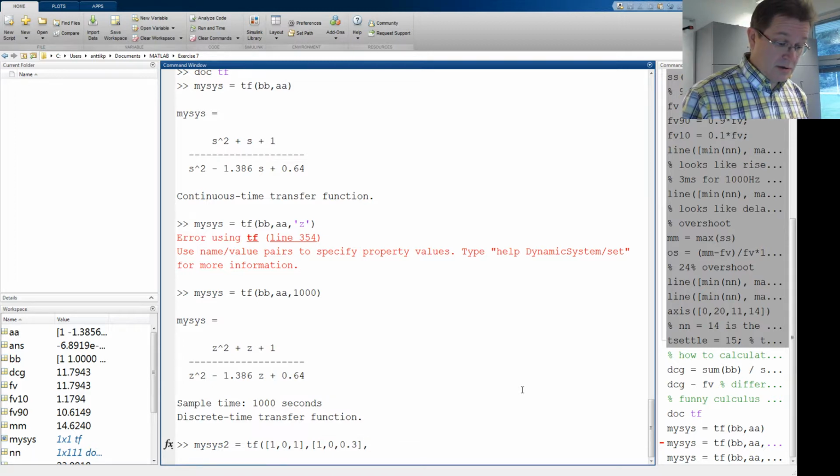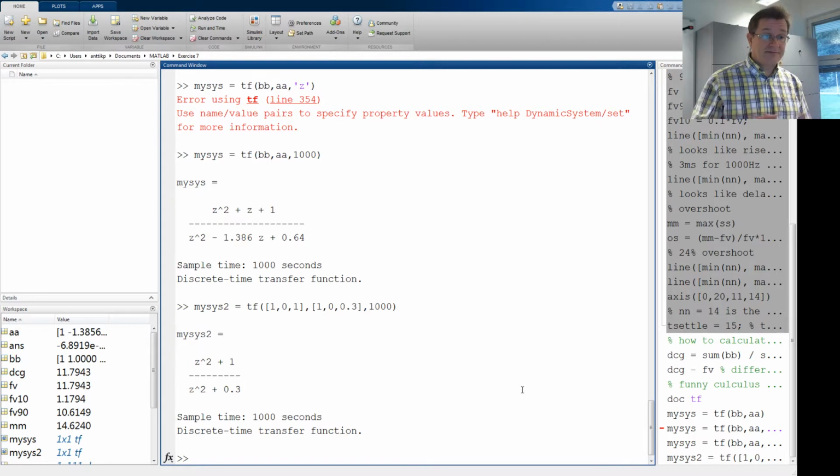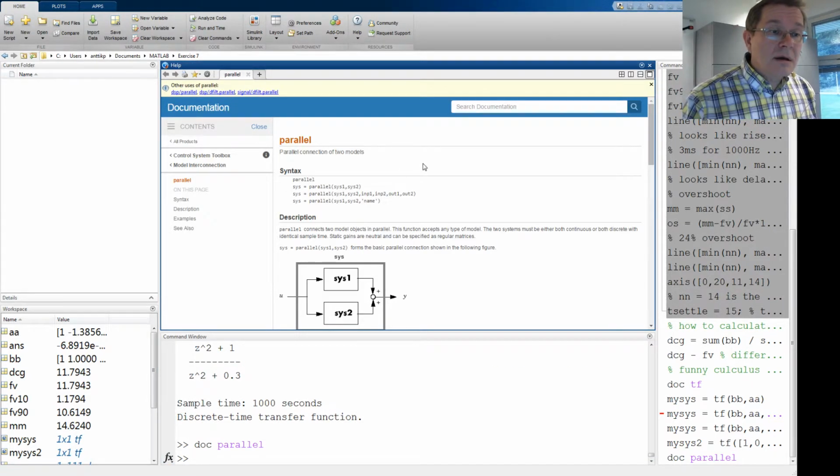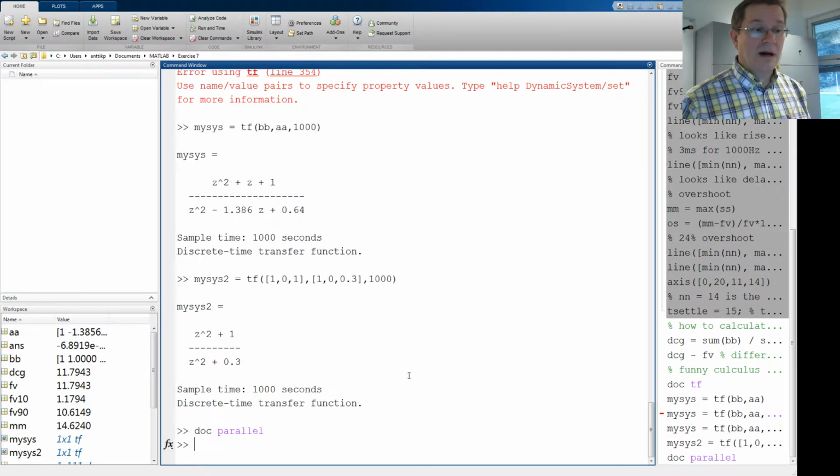Okay, 1000. That transfer function is, well, like that. Now we can combine. So parallel systems, I need to put it like this. Yes, I can actually calculate the transfer function of parallel systems.